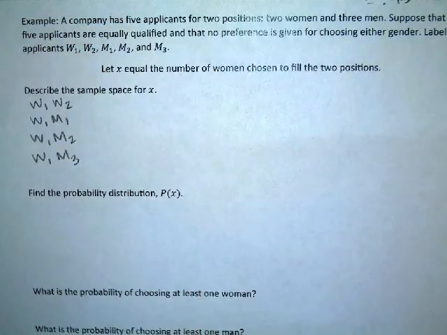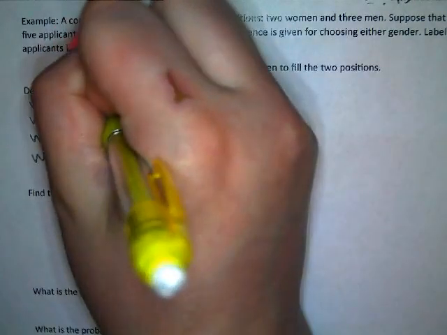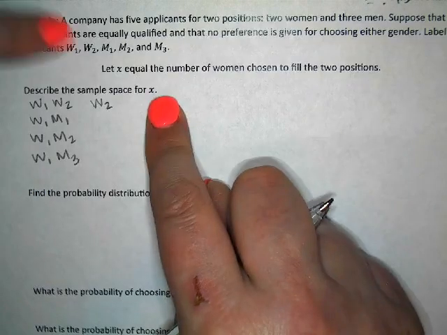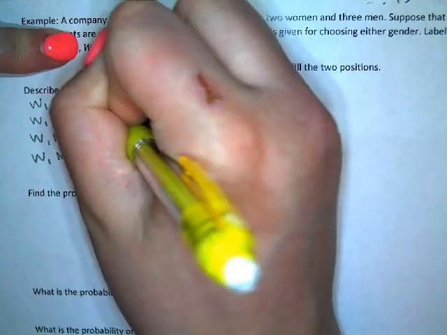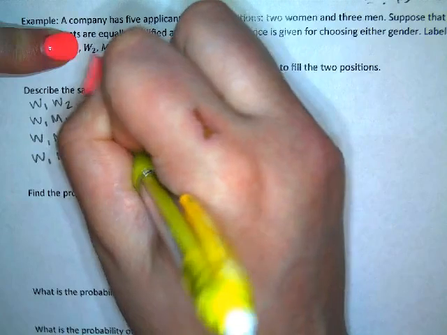Woman 2, we already have a situation where woman 2 is with woman 1, so we're going to ignore that option. Woman 2 could be with man 1. Woman 2 could be hired with man 2. Woman 2 could be hired with man 3. Okay, so now we have all the combinations where the woman could be with each other person.